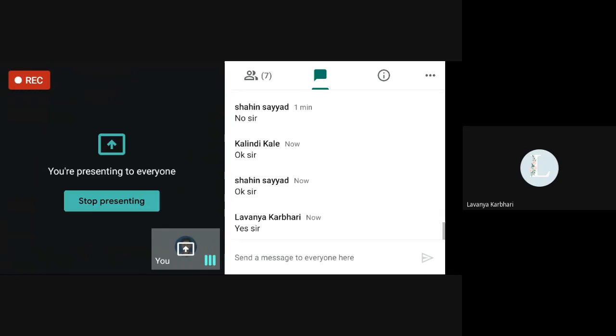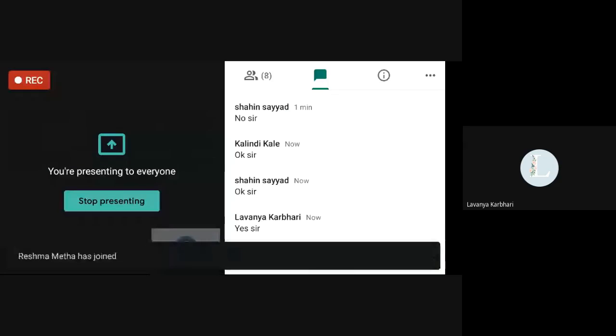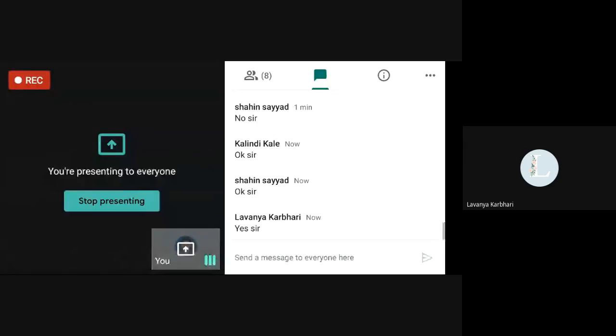Okay, Kalindi, Shine, Lavanya, you are just saying okay, we will complete, but complete it, take the photo of that and upload it on the Google Classroom. I will give the exercise for this later on, but before that complete the remaining exercises, assignments.